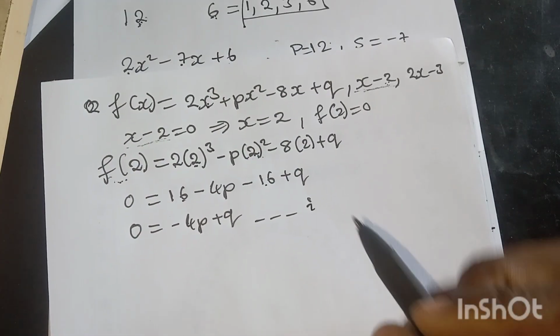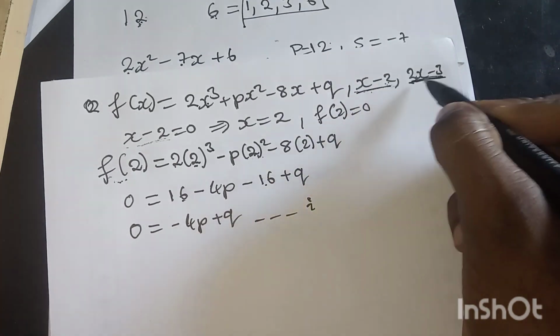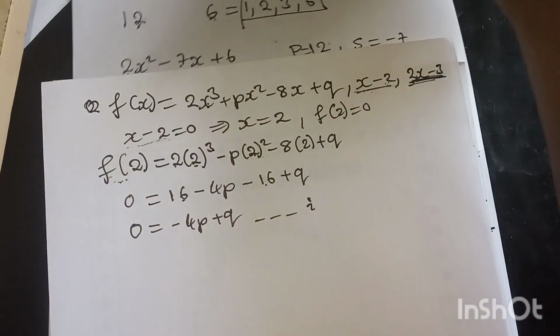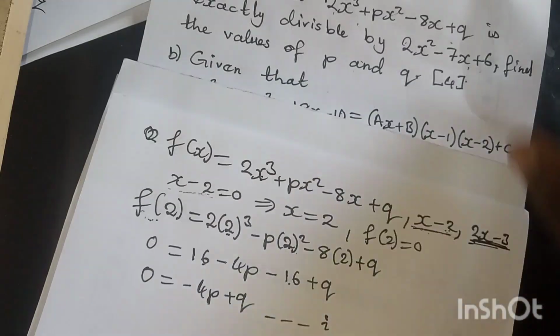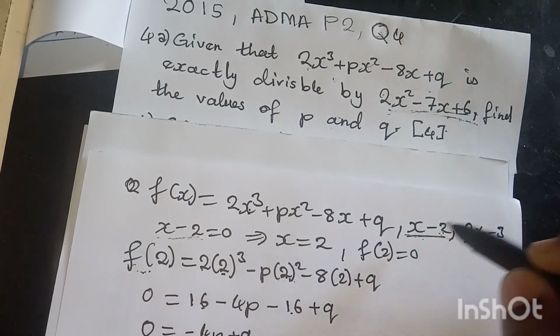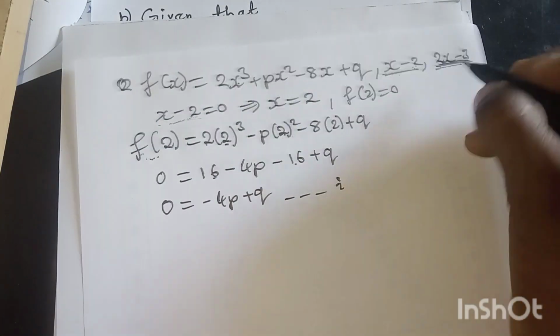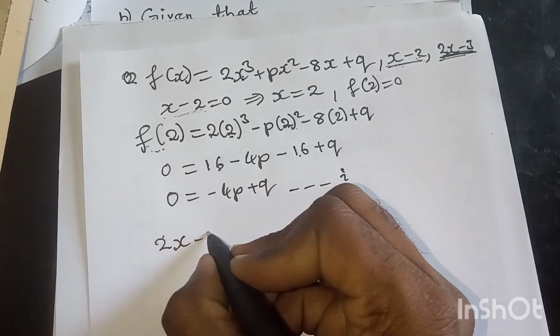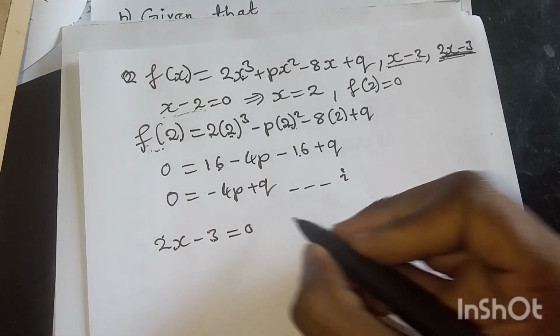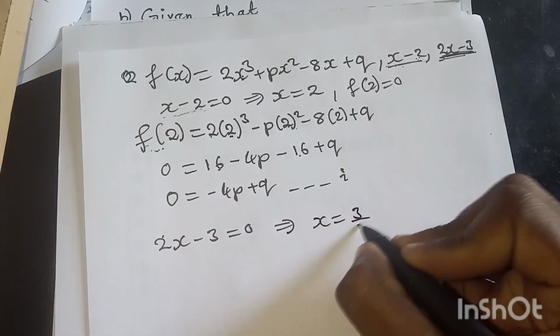To find the second equation, you can divide by the second factor. Remember, these two are factors of this one here. In case you missed it, this is a factor of this, and since this is a factor of this, these two are also factors of that. So with this one, 2x minus 3, when you equate it to 0, you can agree with me that x will be 3 over 2.